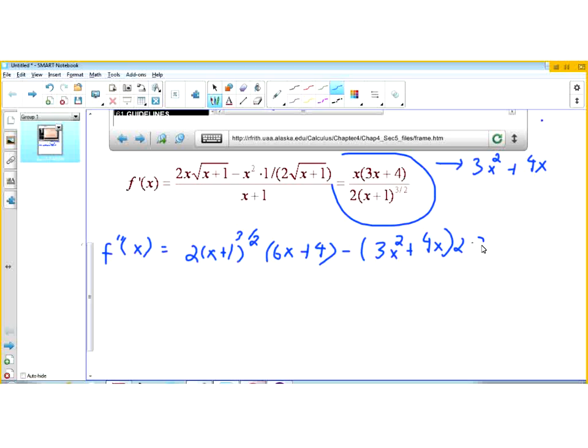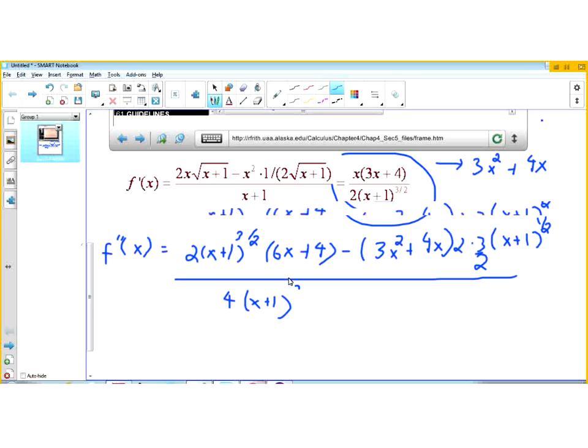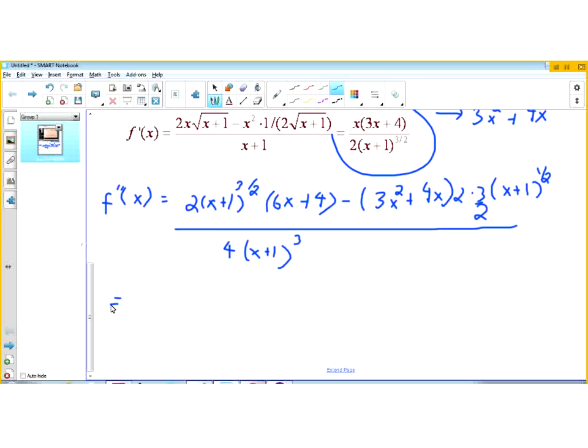And so that would be 2 times 3 halves times x plus 1 to the 1/2, all divided by the bottom squared. So that would be 4 times x plus 1 cubed. Right, and so now we just factor out the terms with the smallest exponent.